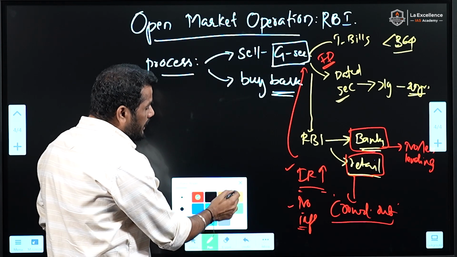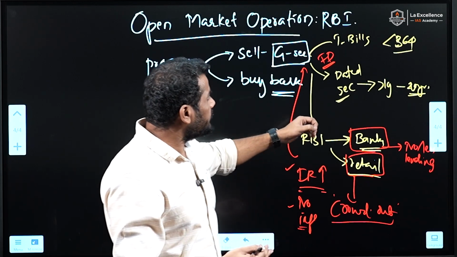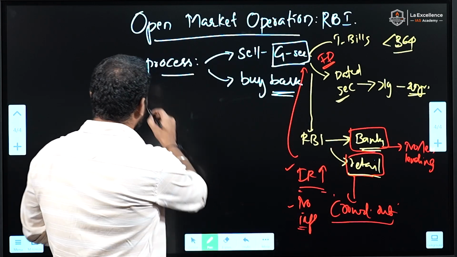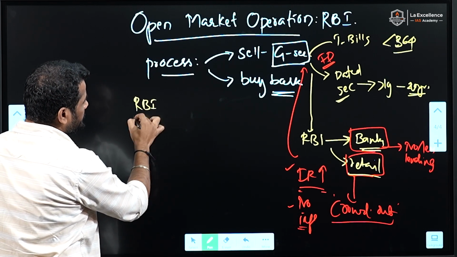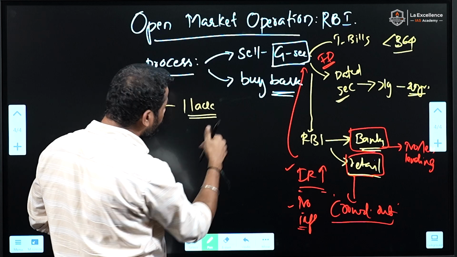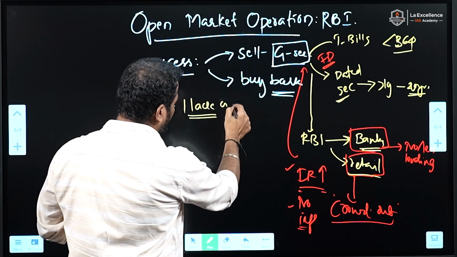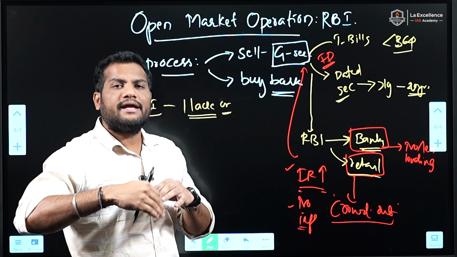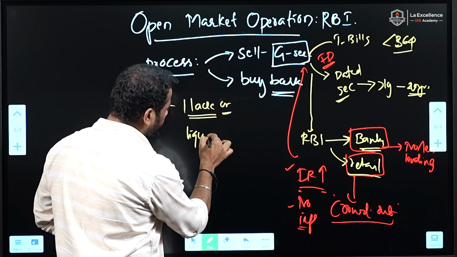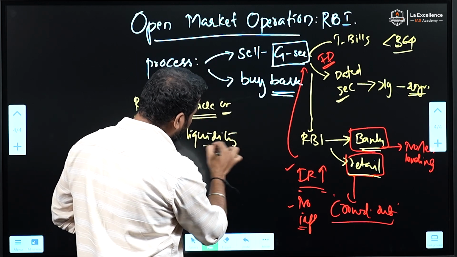Now the second part, when RBI buys back the G securities already sold in the market. This is what RBI is trying to do now. RBI is buying back G securities worth 1 lakh crore rupees in the Indian market, which means RBI is trying to inject 1 lakh crore rupees of liquidity into the Indian market, especially Indian banks.